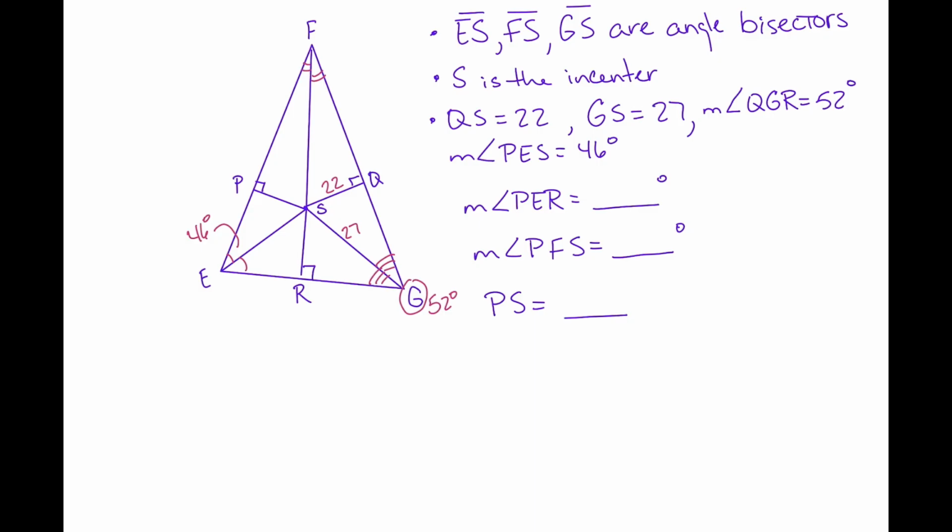Let's look at PER. PER is this whole angle. We know that this part of the angle is half of that whole angle. 46 is half of it. So if we take 46 and multiply it times 2, we get 92, and that's what that whole angle is. And then we're going to look at angle PFS.